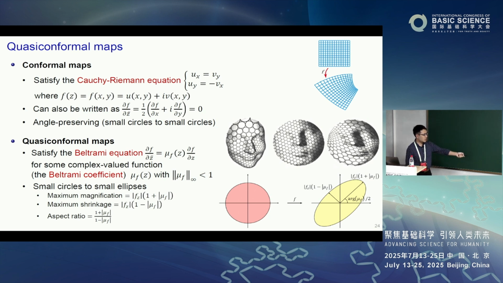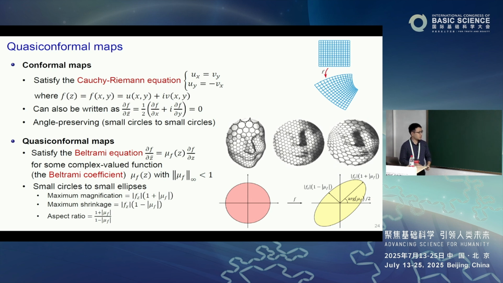If you consider an intuitive understanding, then under quasi-conformal mapping, small circles will be mapped to small ellipses with bounded eccentricity. And the aspect ratio change from circle to ellipse can tell us how large the angle distortion, or how large the conformal distortion, is. In particular, the maximum magnification, the maximum strain, and the aspect ratios can all be given by the Beltrami coefficient, mu.